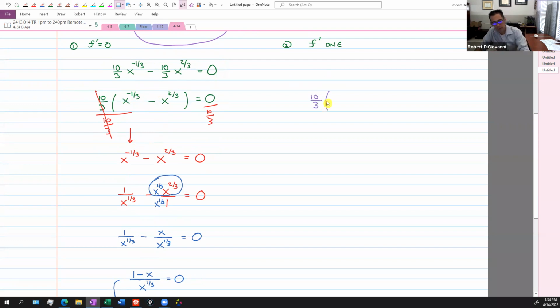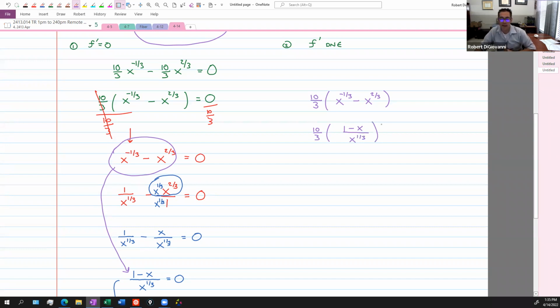And then I'd still have this x to the negative 1/3 minus x to the 2/3. And this part in the parentheses we know turns into this. So we know that this is 10/3 in parentheses 1 minus x over x to the 1/3.